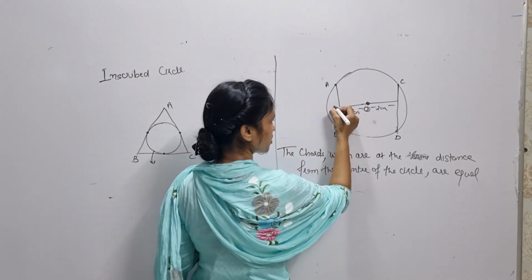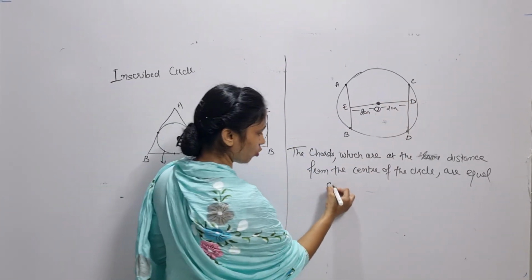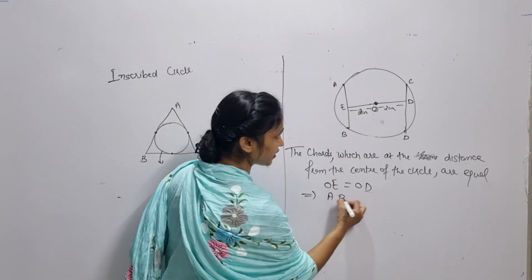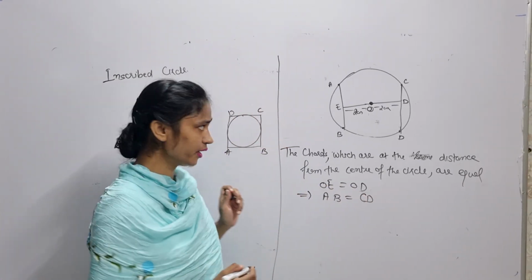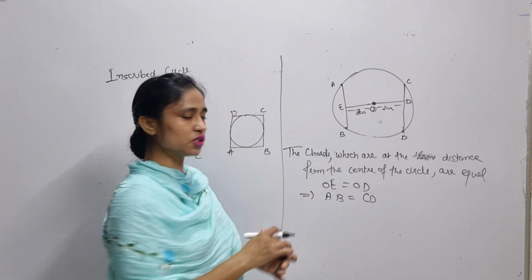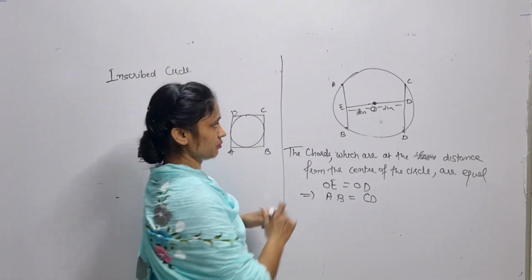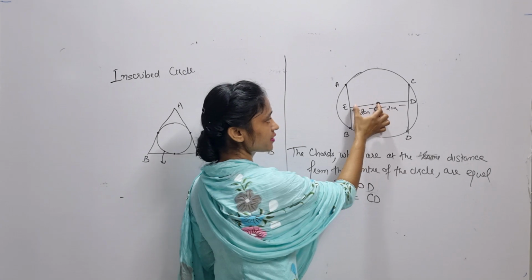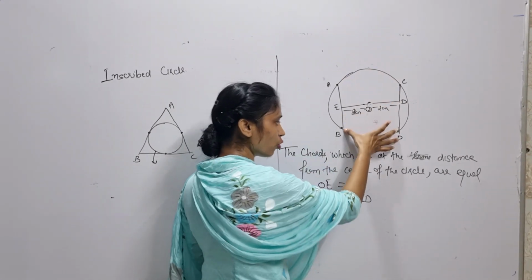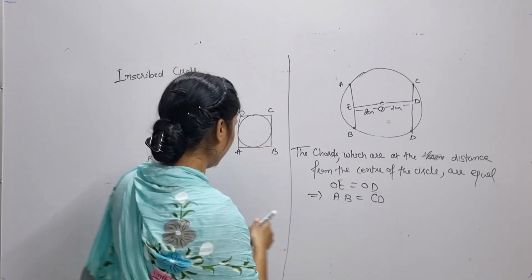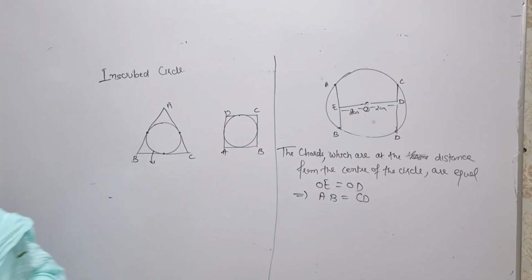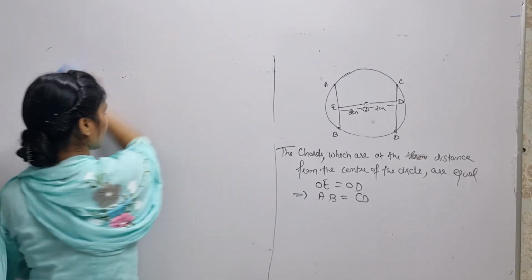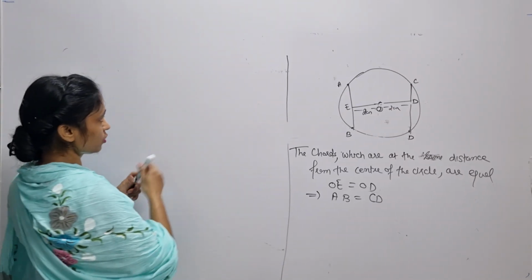It means if it is given that, suppose here is E, here is D, OE is equal to OD, then we can write that AB is equal to CD. So its converse is also true. Here we discussed that if two chords are at the same distance from the center, then those two chords are equal. Now we will see the reverse too. Its converse is also true.